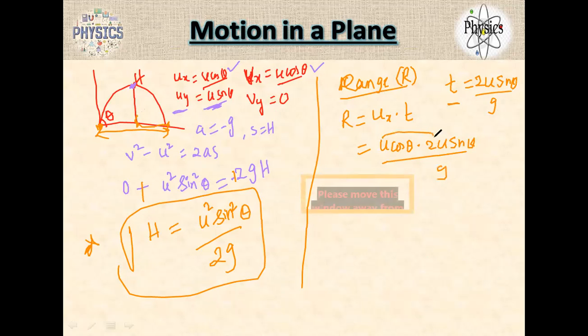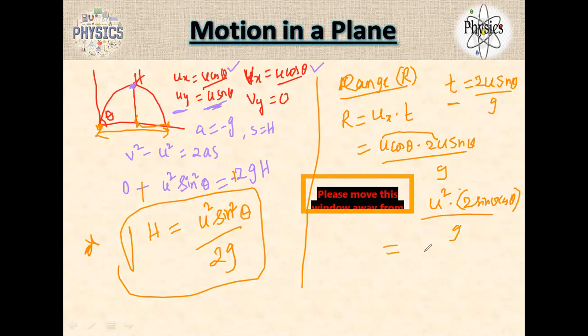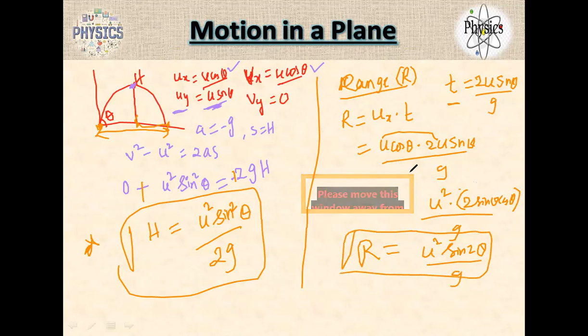Here u into u is u square, right? And 2 sin theta cos theta. There is a formula in trigonometry, you will learn it later, but I am writing directly u square sin 2 theta by g. This is the range equation. You should remember this equation at least. The formula 2 sin theta cos theta directly becomes sin 2 theta.